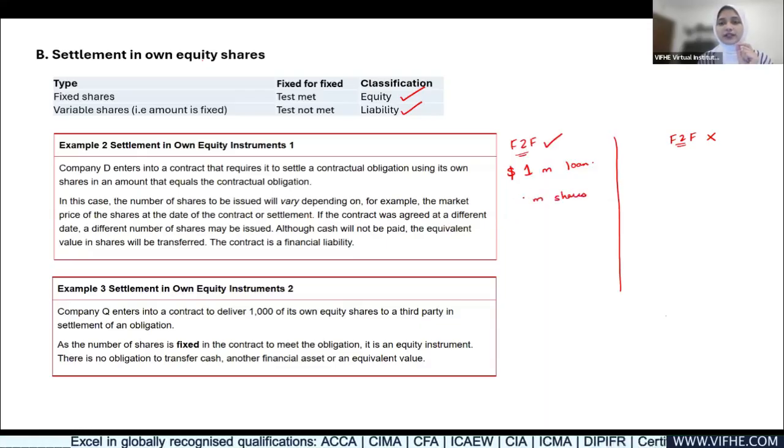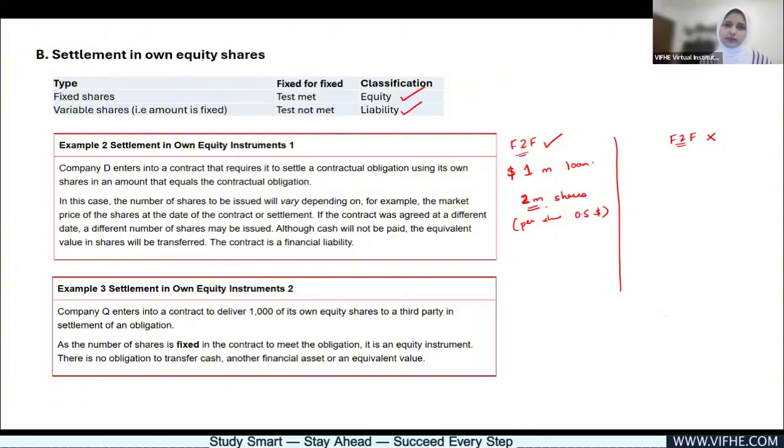This is fixed. 2 million shares are fixed. I am locking it in the contract on day one only. Today, let's say the price per share is $0.5 when I enter into this contract. That is why I entered into such a contract: today for a 1 million loan, it looks like I have to pay back only 1 million.